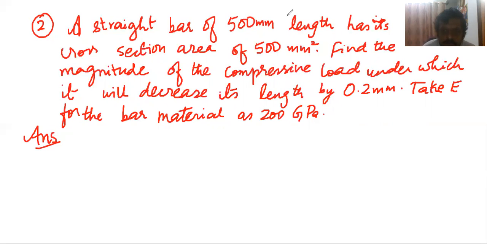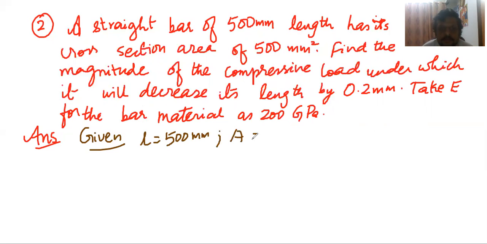How to proceed for this? So just write the given. What is given, students? Length of the bar, capital L equals 500 mm, cross section area capital A equals 500 mm square.